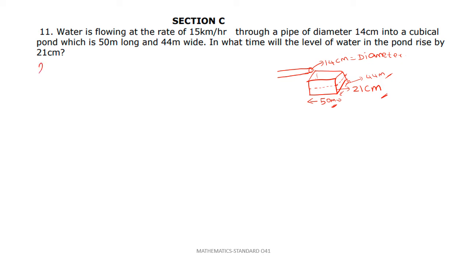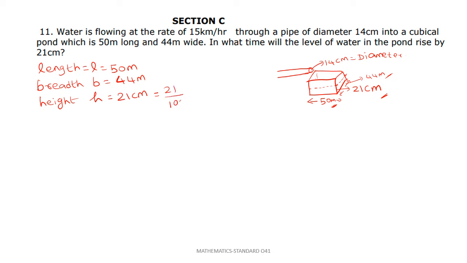So first let's write length is 50 meter. Breadth or width, we can say in any way, that is 44 meter and height is 21 centimeter. So for changing to meter, we should do 21 by 100.